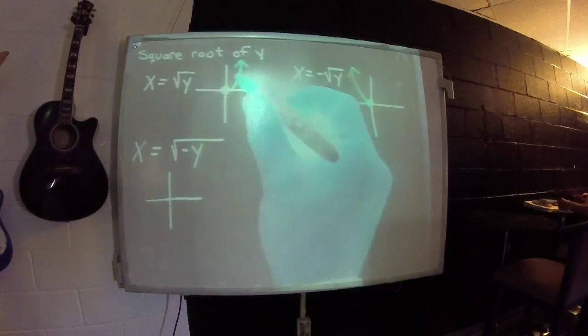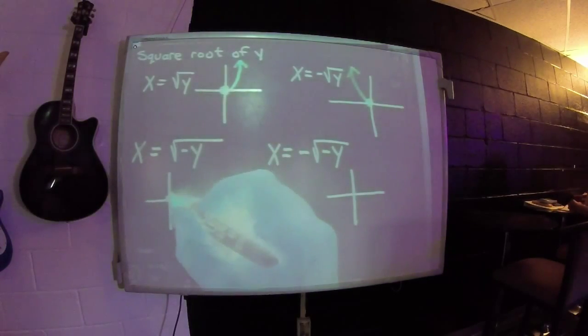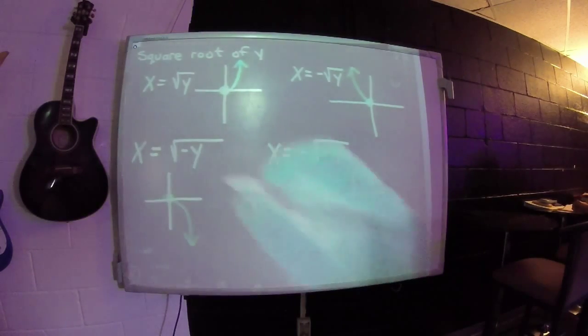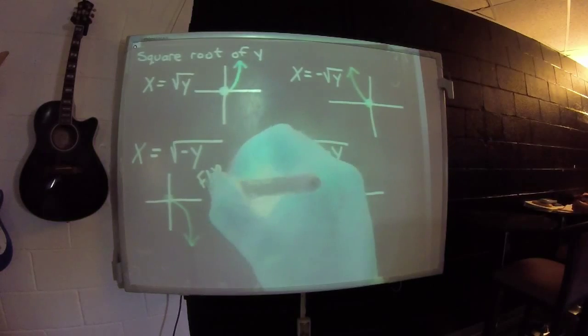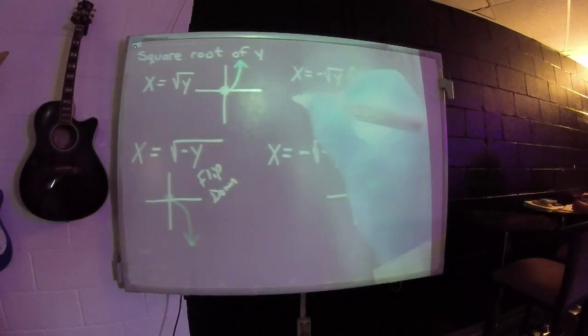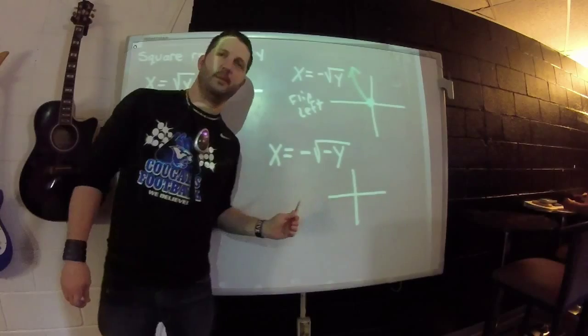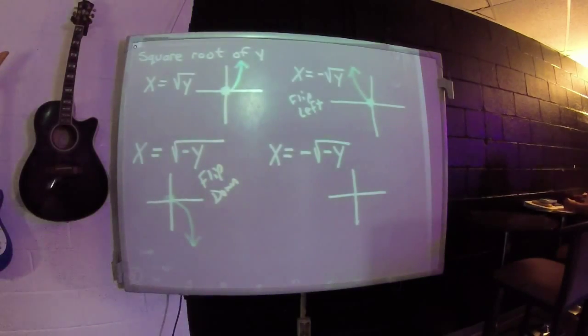That flips this down. Flip down, I'll put flip left over here. And if you got inside and outside, flip down and flip left. So it ends in the third quadrant here.